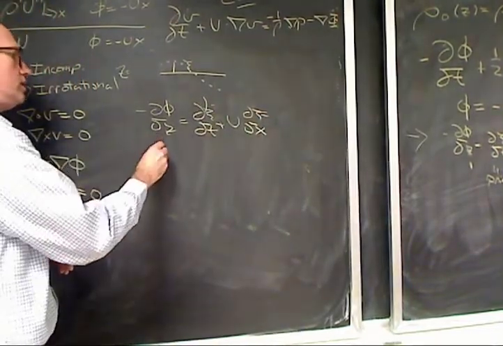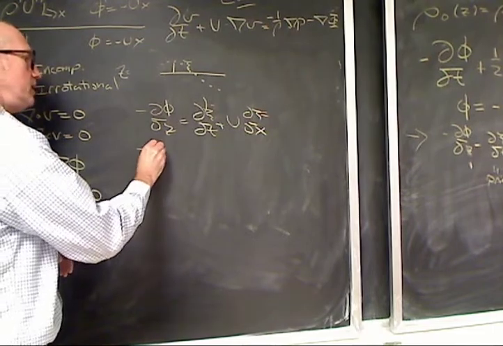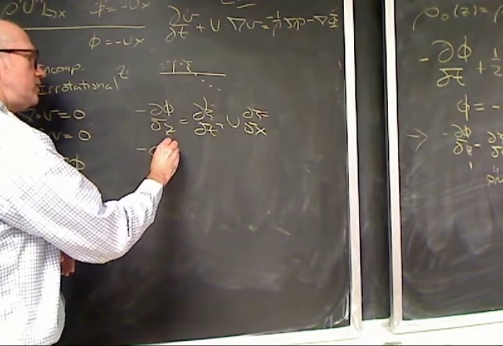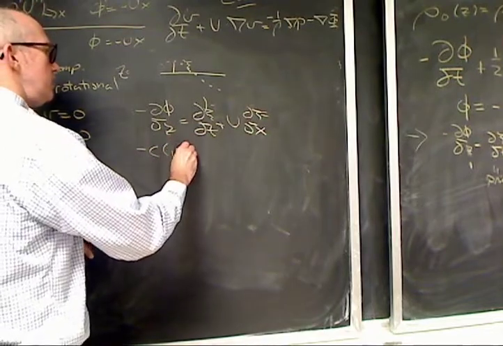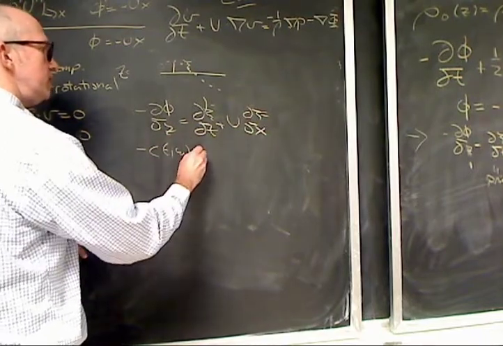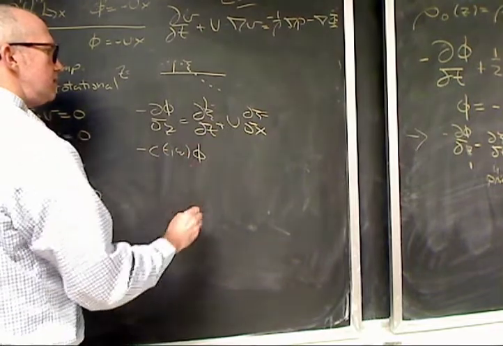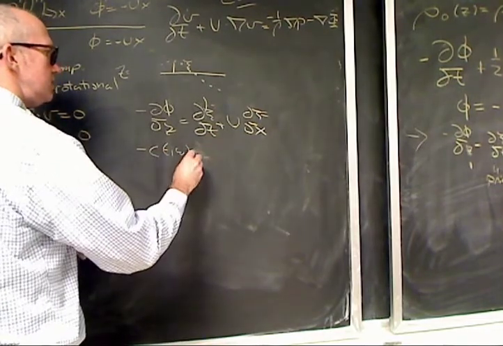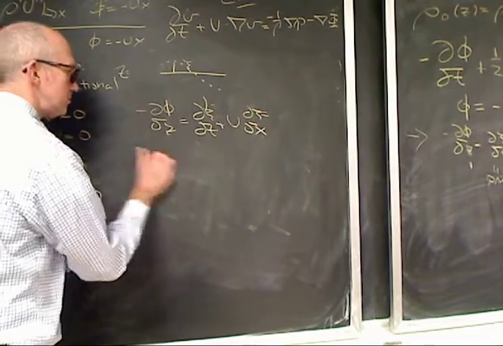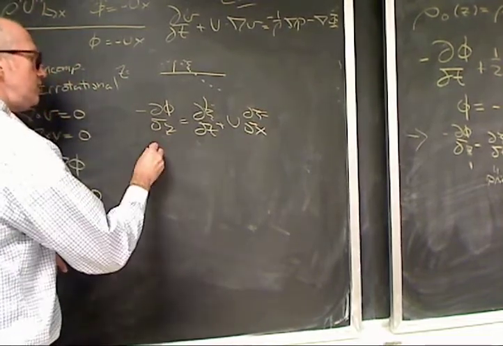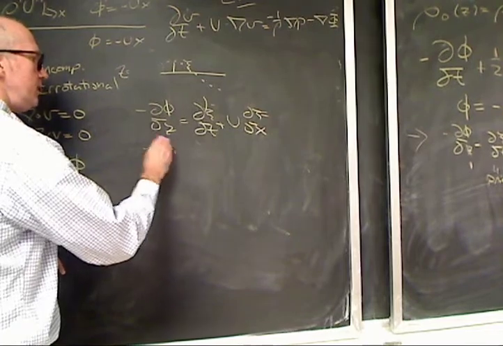So this one turns into minus c times, I'm taking a time derivative, I omega, and there's a minus i omega, times, let me do that again and not screw it up. The time derivative brings down a minus i omega.